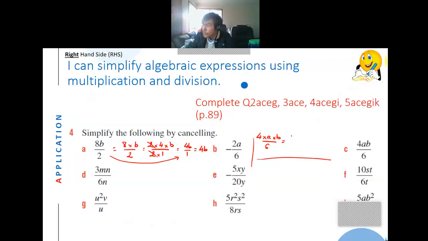So 4 is 2 times 2 times A times B over 6 would be 2 times 3. So we're going to cancel what's common between the top and the bottom, and that's this 2 here. So what do we have left? We have 2 times A times B over 3. And let's just rewrite this to make it look nicer. It's 2AB over 3. Okay?